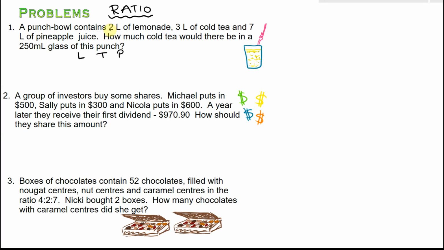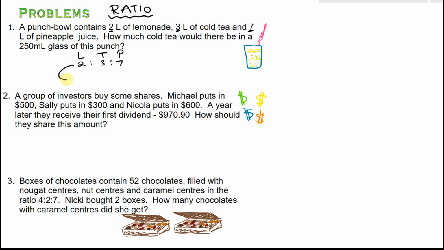And what we're dealing with are these numbers here, how much of each type of ingredient is in the punch bowl. So our ratio will be 2 to 3 to 7. Okay, so 2 parts will be lemonade, 3 parts will be tea, and 7 parts will be pineapple juice.